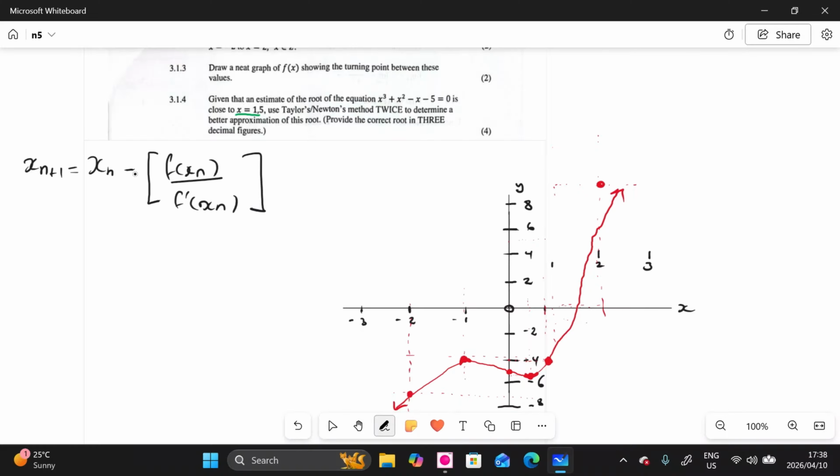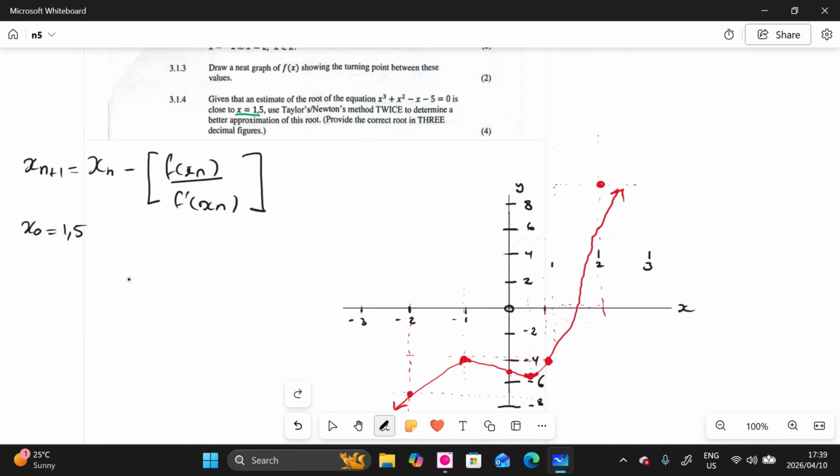This formula we use to find the value that is very close to our root. Now we are given that x0 is equal to 1,5. So this is the one that is given to us. This is the same as x n there, right?